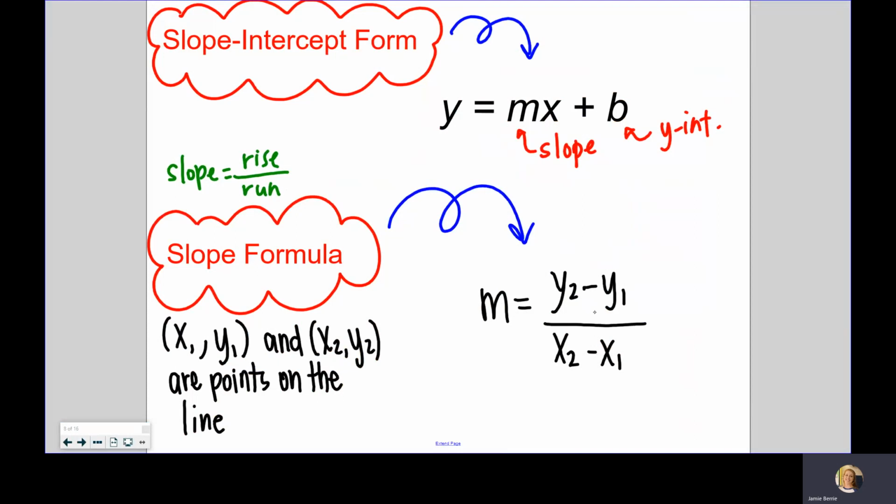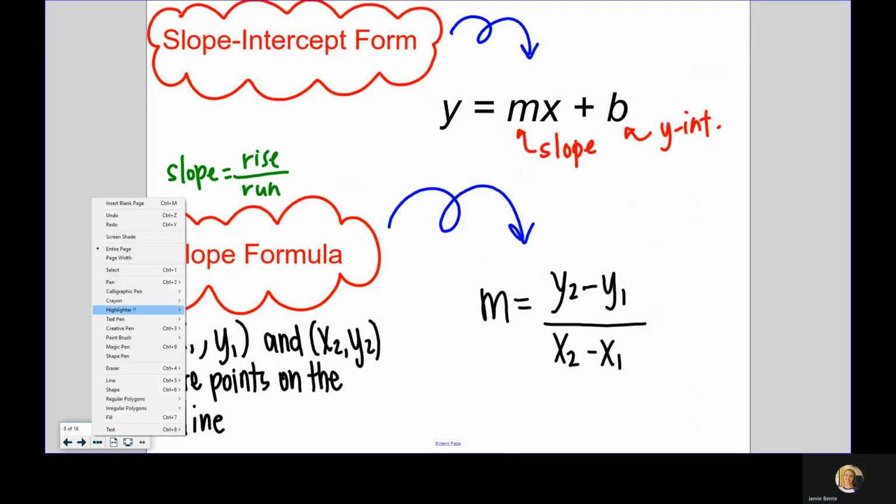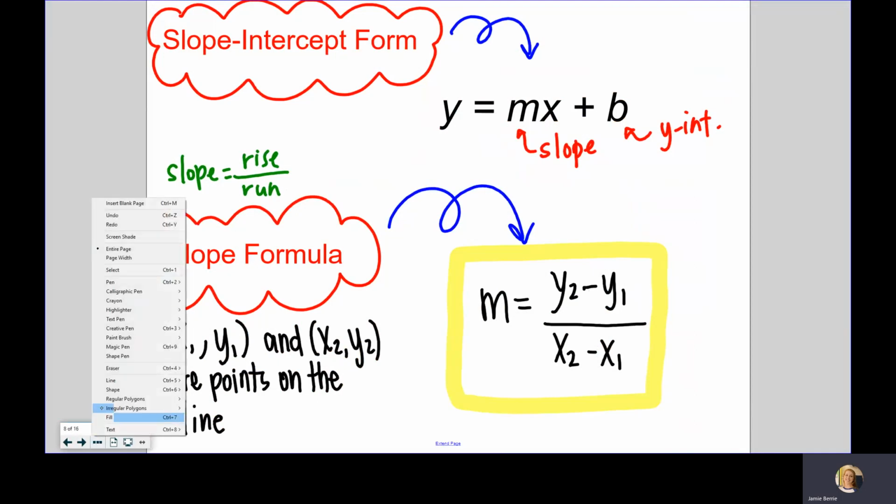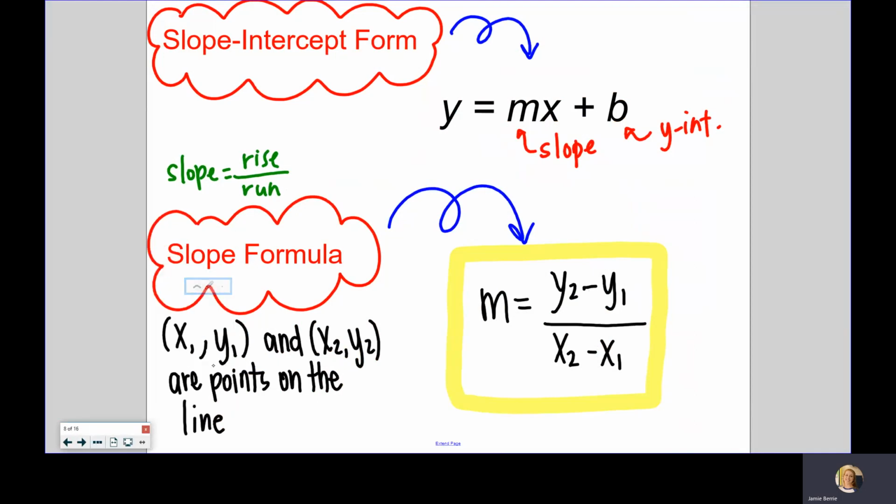And just notice that we're subtracting in the top and the bottom. All right, so make sure you write this formula down. Very important. Let me use a highlighter instead. All right, so very important formula. Definitely something that you would want to put on your index card. The slope formula. You may already have it memorized if you have taken algebra recently.